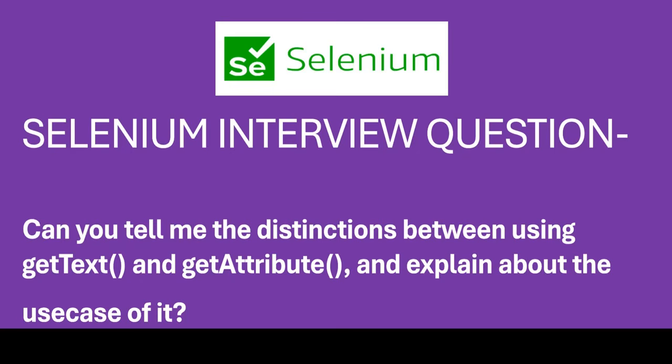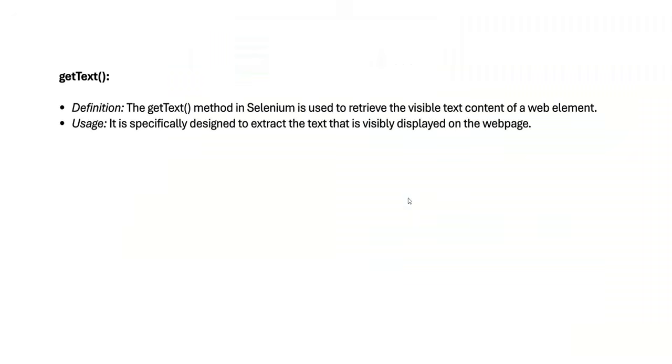Let's begin. First, let's understand what getText is. GetText is a method used to retrieve the visible text from a particular web element which is displayed on the web page. It is specifically designed to extract the text that is visibly displayed on the web page.